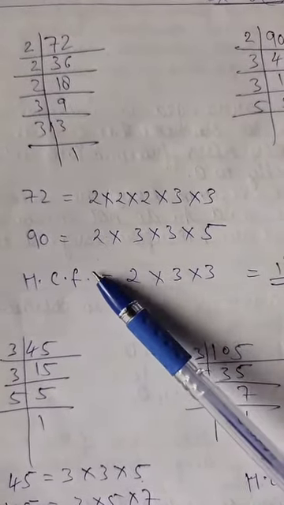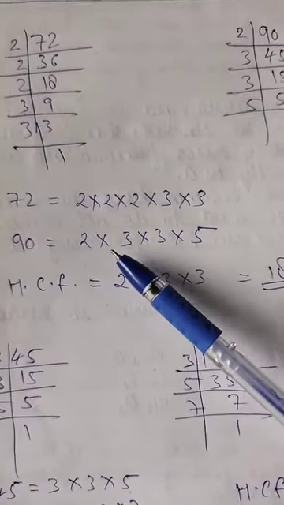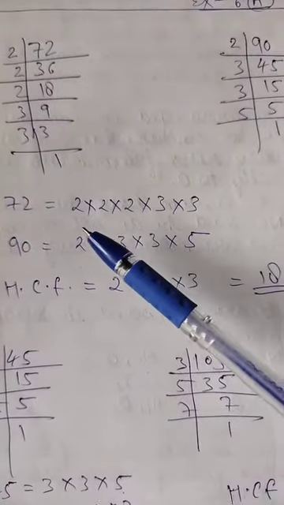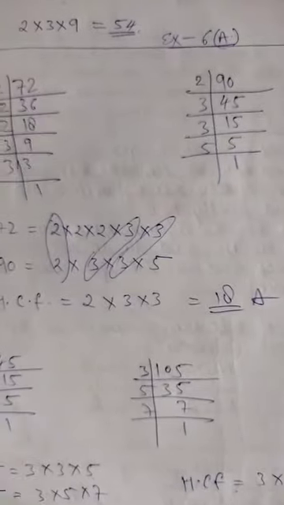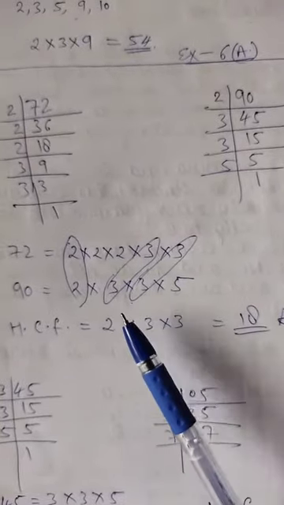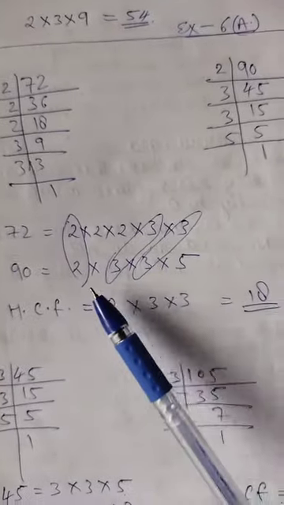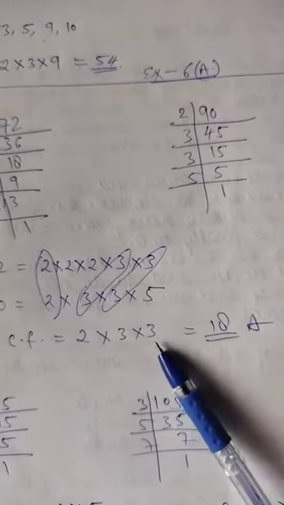Now we have to find the HCF. So we will take out the common factors. What is common? 1, 2, 3, 6, 9, 18 are coming common. That means these numbers appear in both lists of factors. The greatest common one is 18.